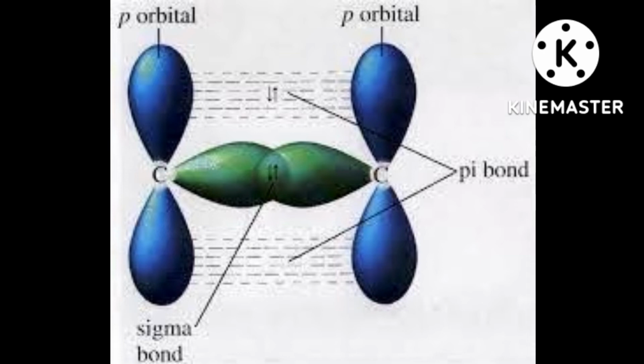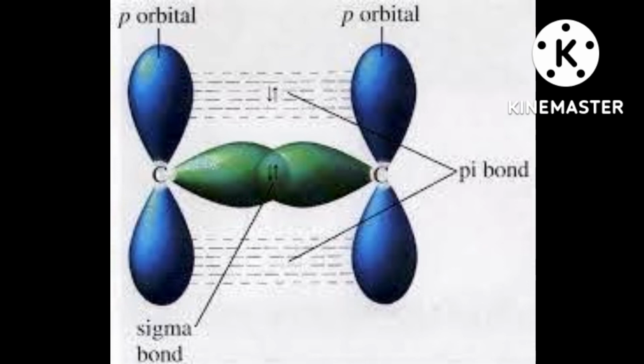Okay, now I told you all are in a positive sign or phase, same phase. A bond forms when they are in positive phase, meaning same phase. Phase should be same.